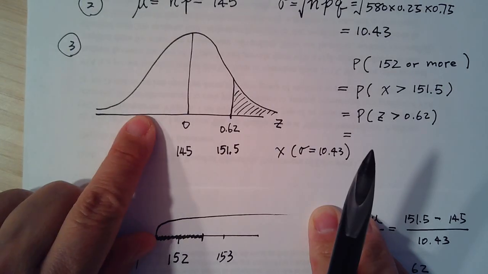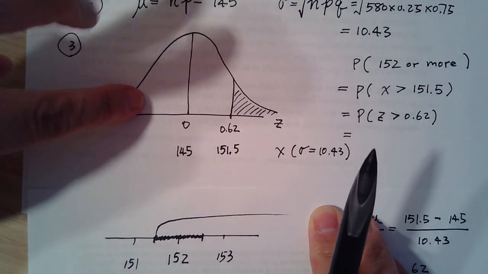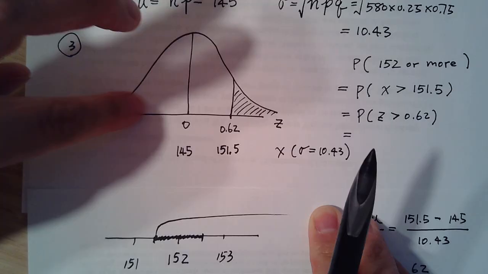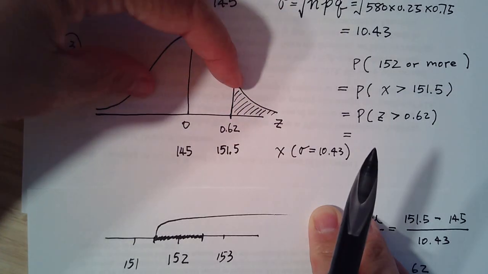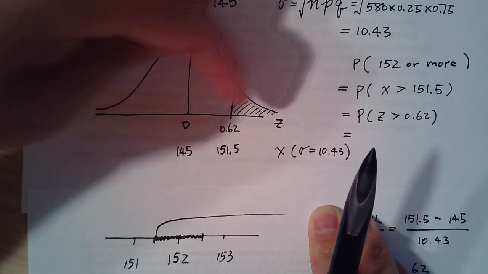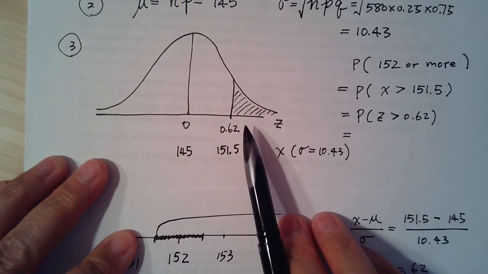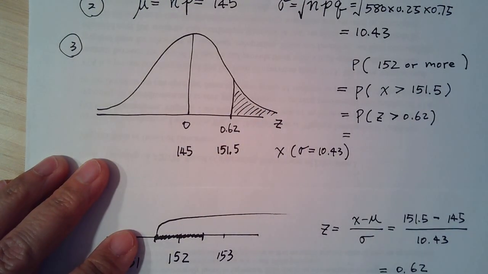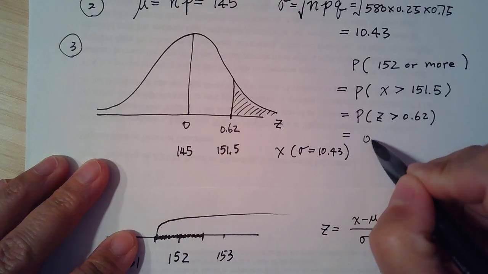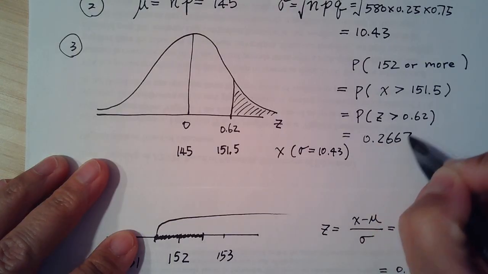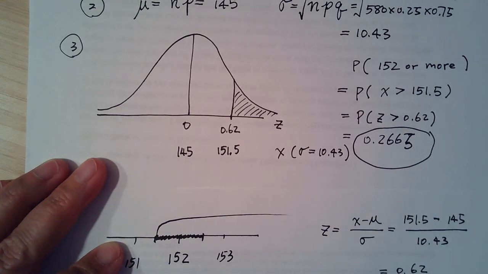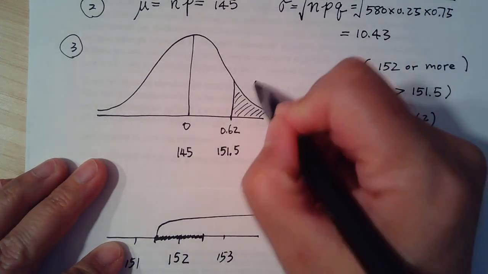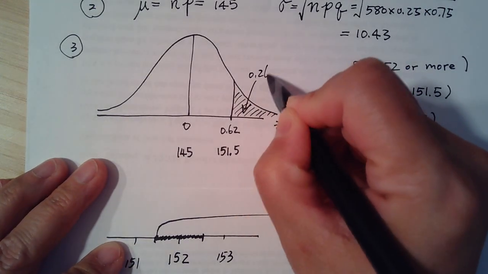Or you just simply use negative 0.62 to get the tail area, this little area to the left of it, which is exactly the same, because it's symmetric, as the probability that z is greater than 0.62. And you're going to get the answer 0.2665. That is your answer.